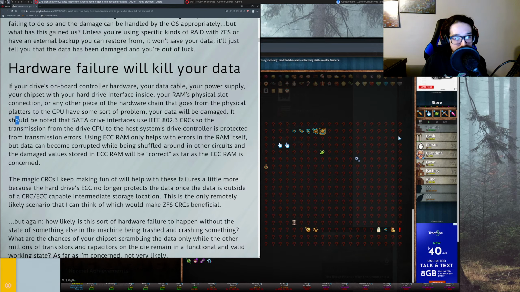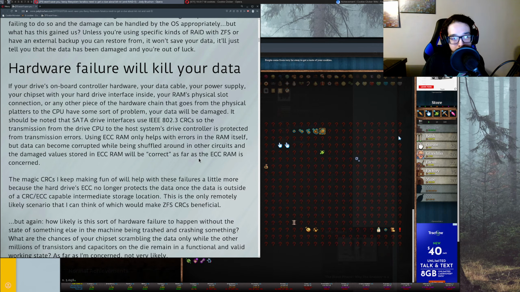It should be noted that SATA drive interfaces use IEEE 802 CRCs so that the transmission from the drive CPU to the host system's drive controller is protected from transmission errors. Using ECC RAM only helps with errors in the RAM itself, but data can become corrupted while shuffling around in other circuits.